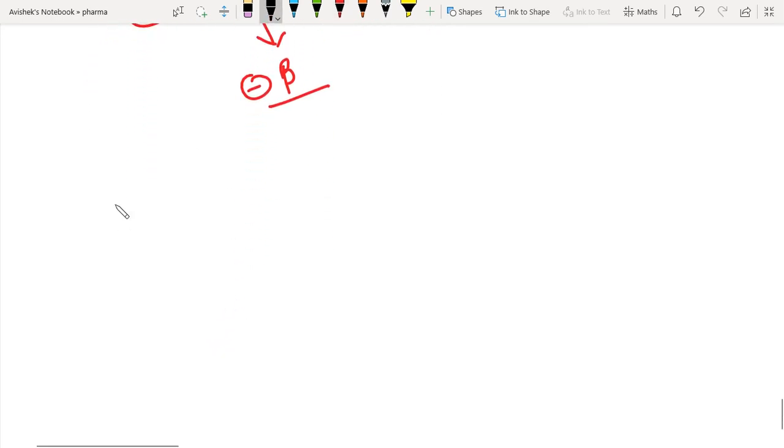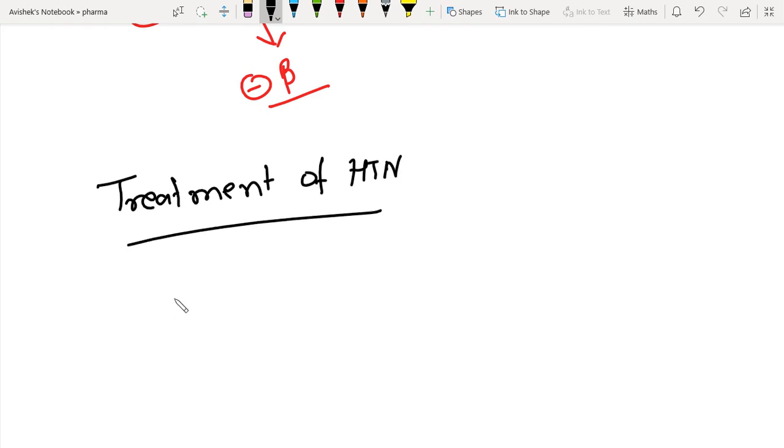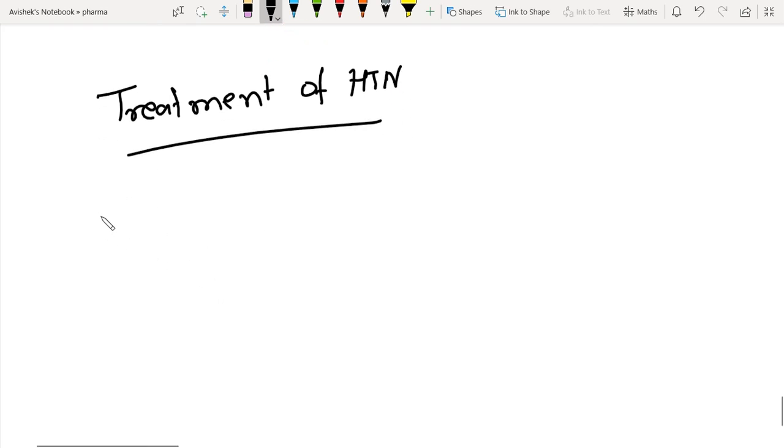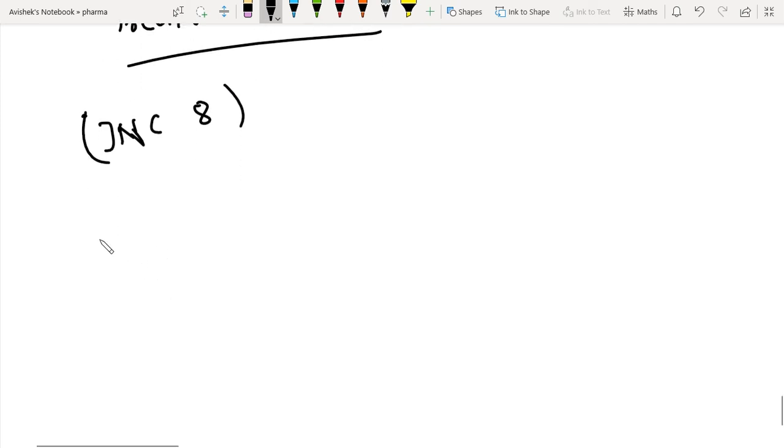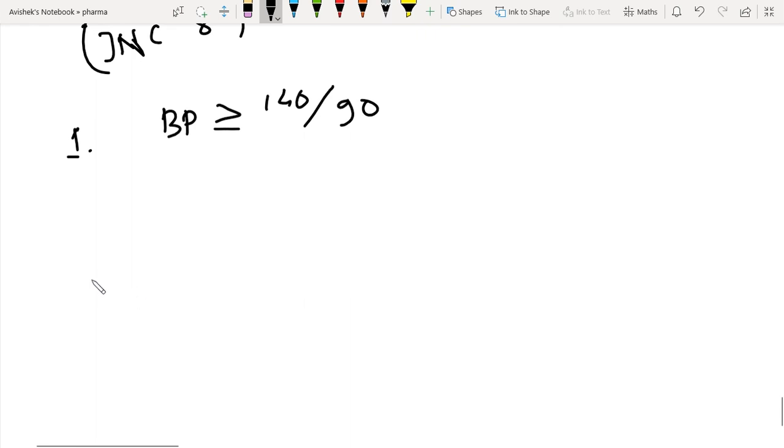Now we'll talk about treatment of hypertension. Treatment of hypertension, according to the Joint National Committee 8 guideline, is for patients with BP more than or equal to 140 systolic and 90 diastolic. When to start treatment?